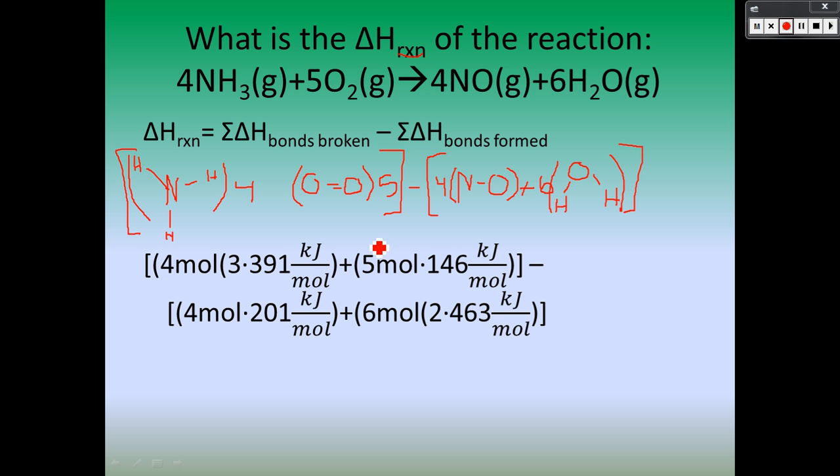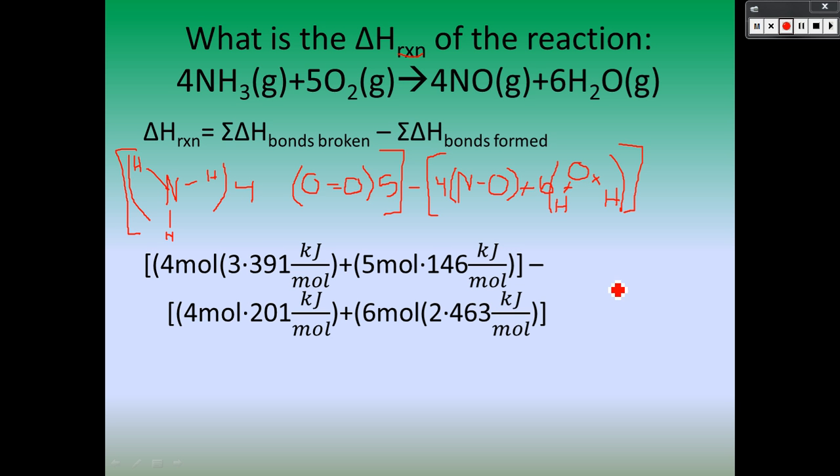Plus 5 moles of our O2 bond, which is 146 kilojoules per mole, minus 4 moles times 201 kilojoules per mole, plus 6 times 2, here are my 2, 1, 2, at 463 kilojoules per mole. So now go ahead, plug that into your calculator, make sure you understand all the parentheses here.